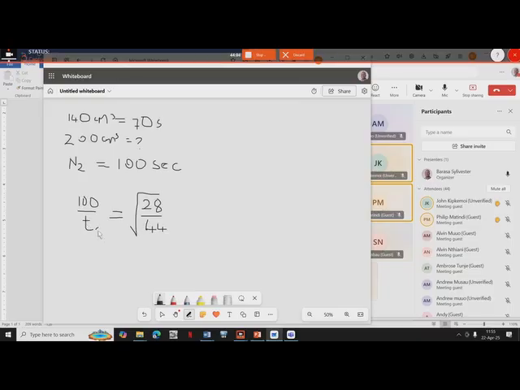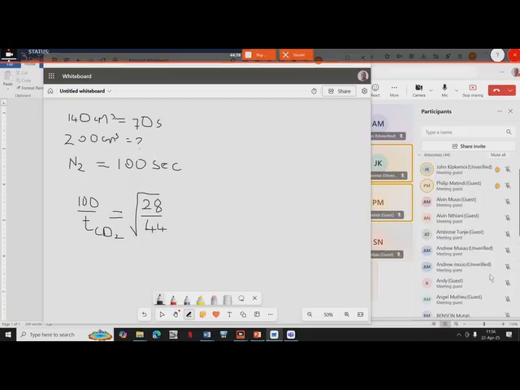So it is now 100 divided by the time taken by carbon dioxide, CO2. So what remains is now mathematics.